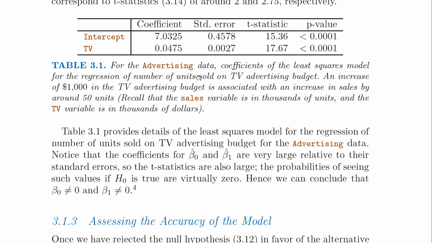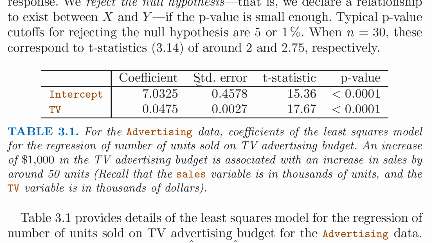And we're performing a test on both parameters. And the test is as follows. We've estimated our beta naught hat and its standard error, and dividing these two gives the t-statistic. It's that formula that we've just discussed.